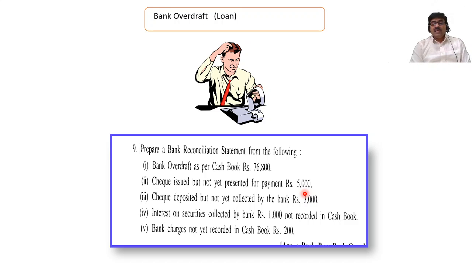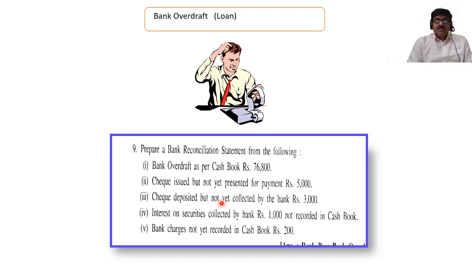So there is an increase in the balance of overdraft in the cash book, but this was not presented at the bank, means there is no change in the balance of the passbook. Here we are preparing this statement on the basis of cash book, so we have to deduct this 5,000 rupees.